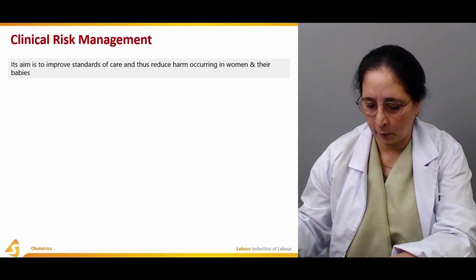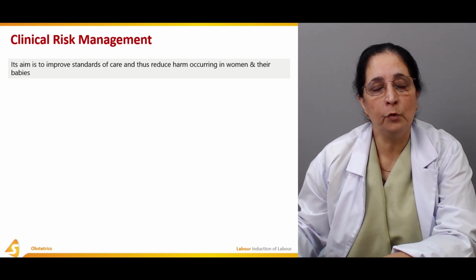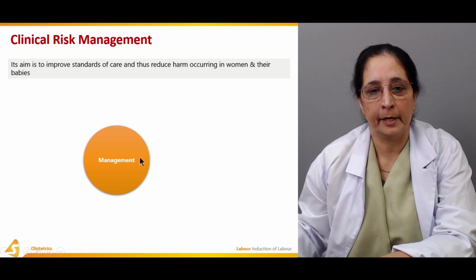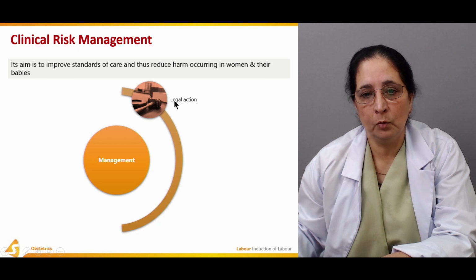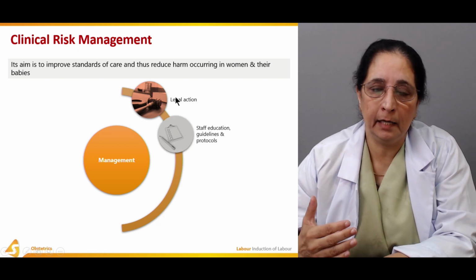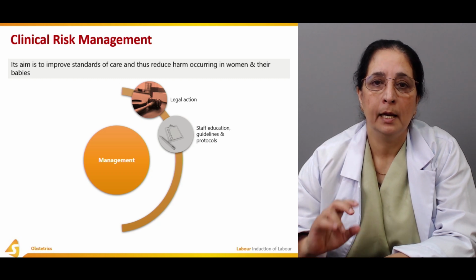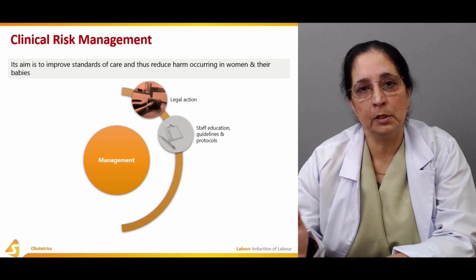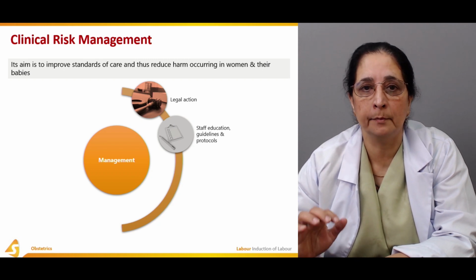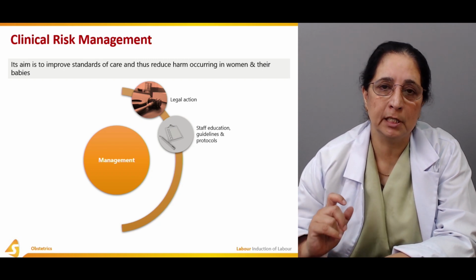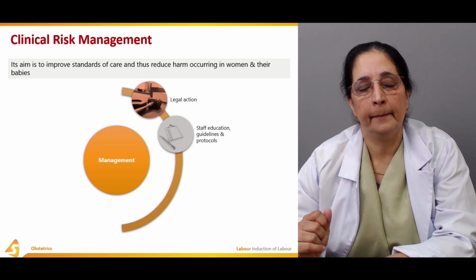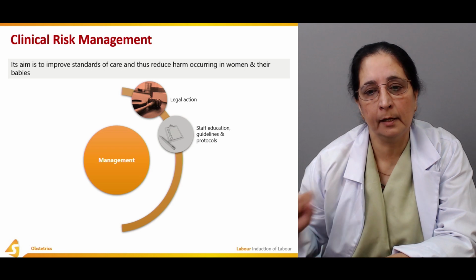So it's important that we improve the standards of care during pregnancy, and this includes legal action. If the care is not properly done and causes a poor outcome of the pregnancy because of ignorance and poor care, legal action is important so that they are accountable for their actions.